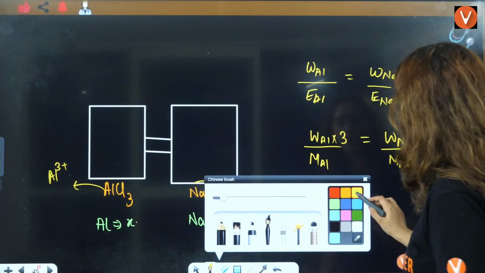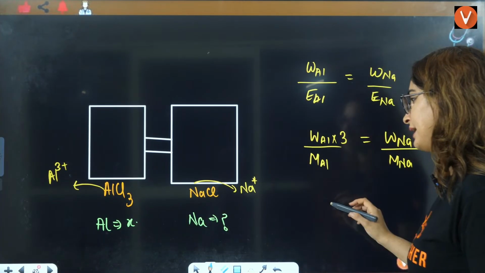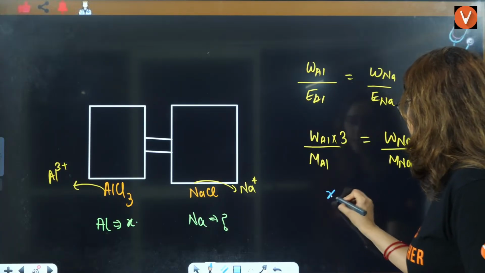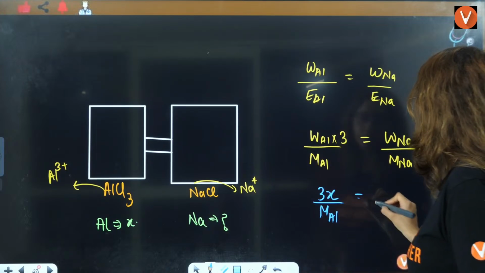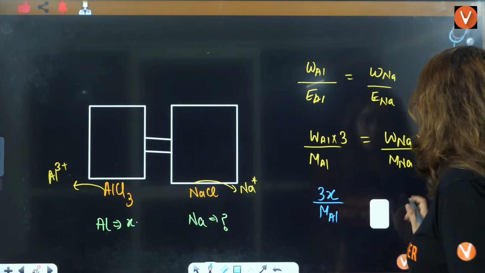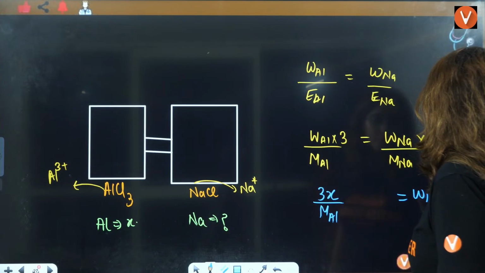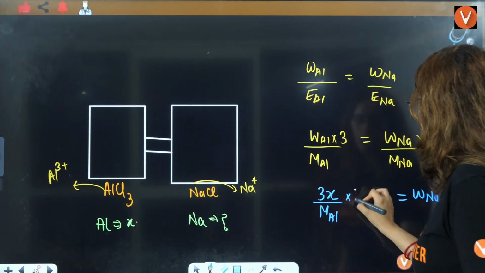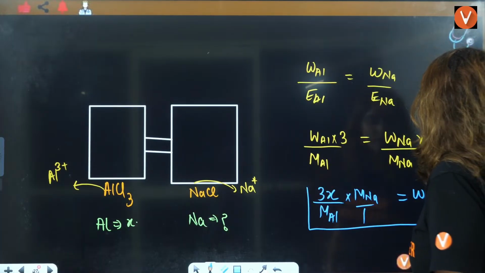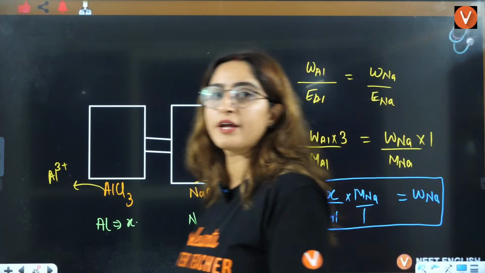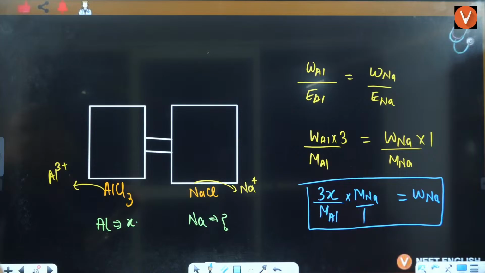Now if they have given Al to be x, it is 3x divided by molar weight of aluminium, equals weight of sodium divided by molar weight of sodium. That is going to be your answer. Put in the molar weights of sodium and aluminium here and you will get your answer.